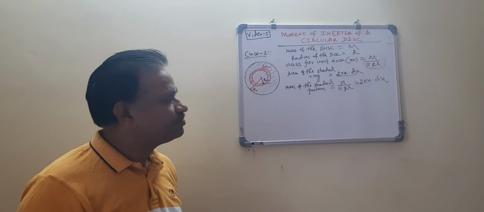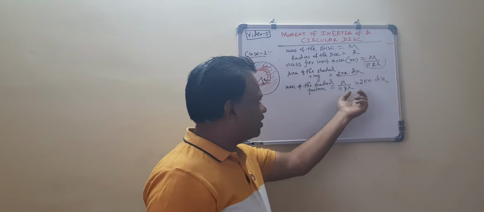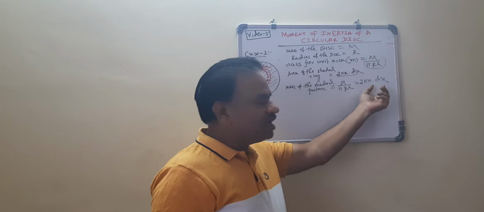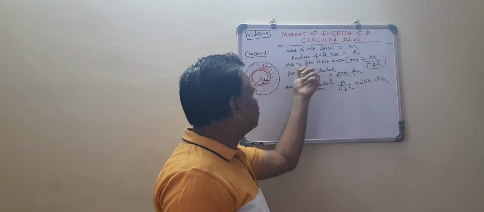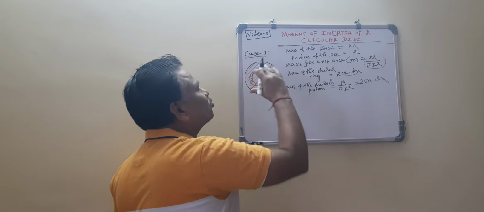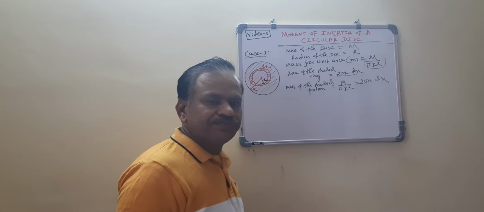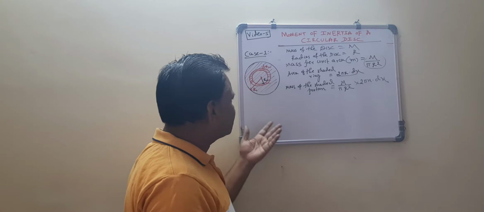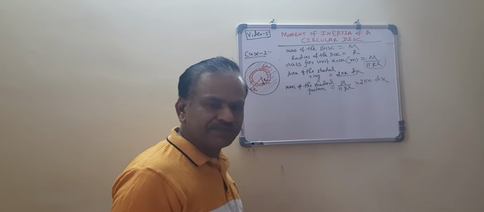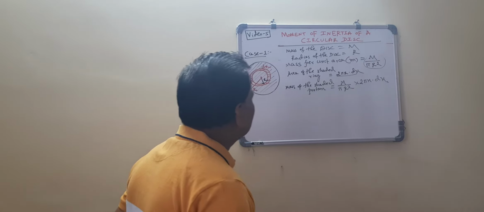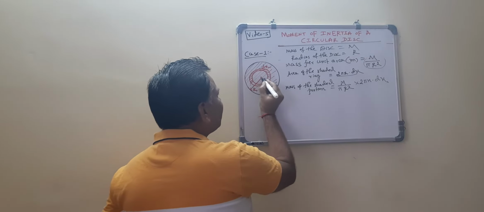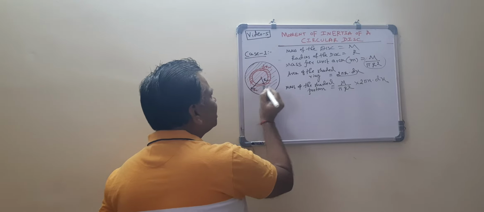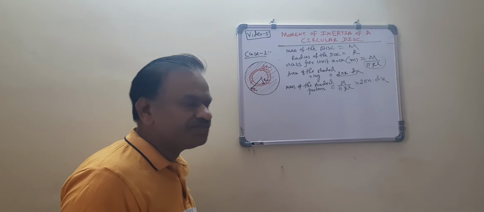Any doubt? Multiplying the mass per unit area by the area gives the mass of this portion. Yesterday in the previous class also I told you this.